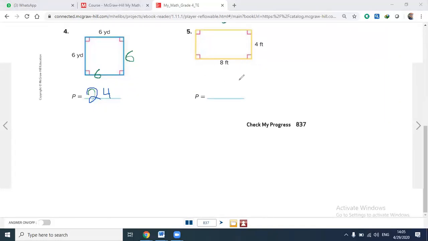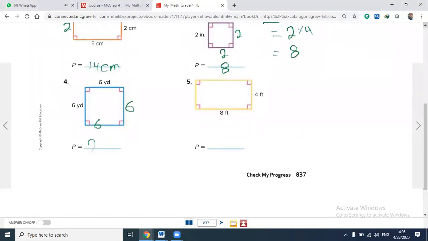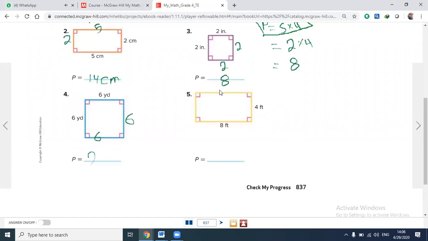So it will be 24, because we had 8 plus 8 and 4 plus 4, which is 24. As you said, Muhammad, we did it like this.